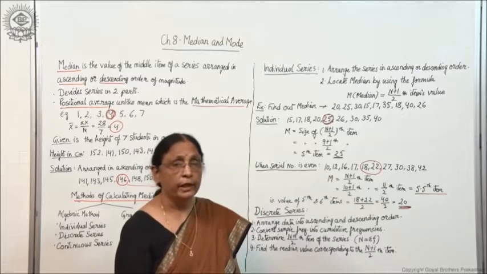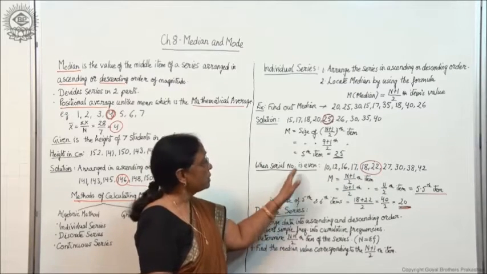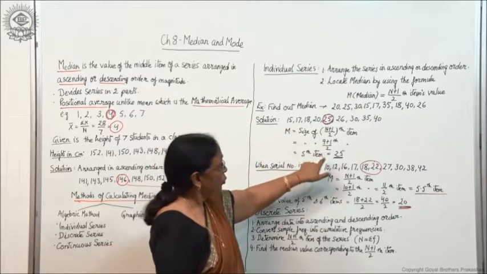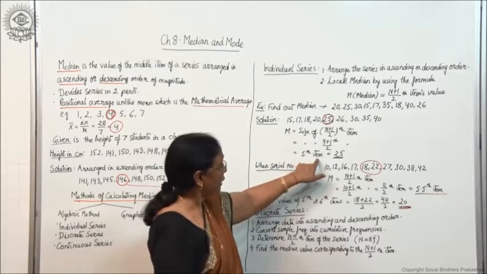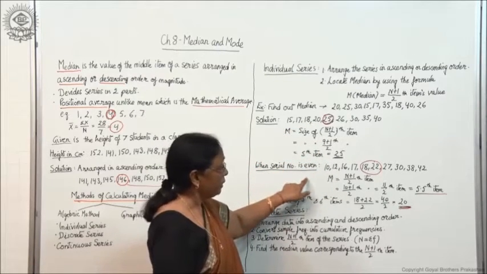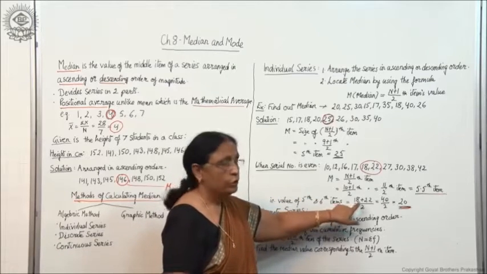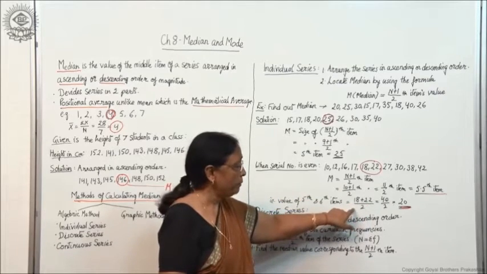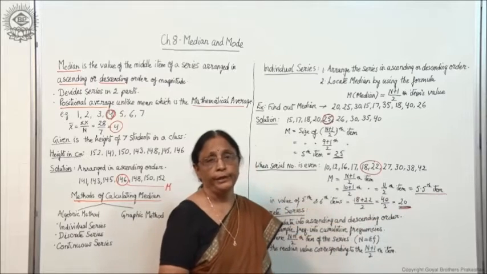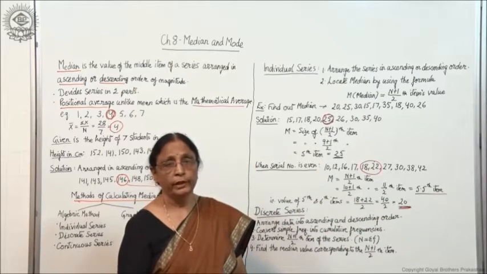Right? So in the case of odd numbers, it is easy to locate after finding out the item. In the case of an even number, you have to add up two values and then divide by 2 and get the median. Clear?